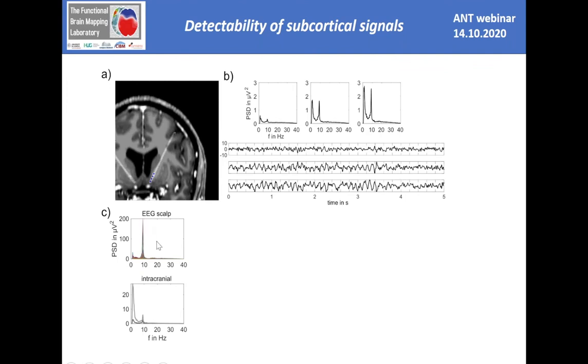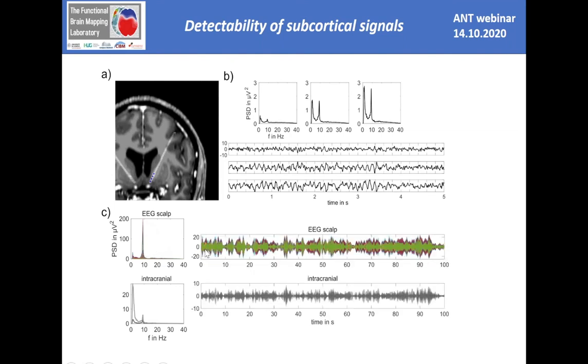And if you look at the time course of the alpha modulation on the scalp and in the intracranial recordings, you can see very similar time courses. Look at this structure here, or the time courses here and here. You can see with your bare eyes that these time courses are very, very similar.